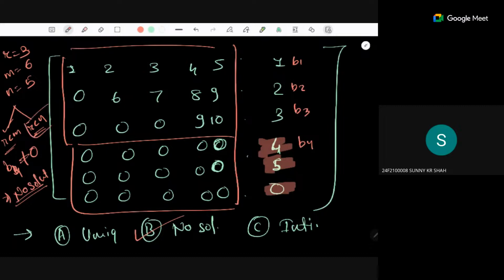You can also consider the second case, but the second case won't be applicable here, because in the second case, when R is strictly less than N, we need all constants to be equal to 0. But here B4 is not equal to 0, B5 is not equal to 0, and B6 is equal to 0. Only one is 0, but in the second case we need all of them to be equal to 0, not only one.